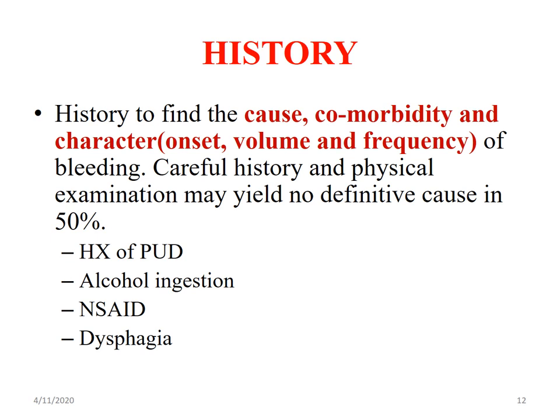The history, if concentrated on some points, sometimes gives us a clue for the cause of the upper GIT bleeding. For example, if the patient has a history of peptic ulcer disease, or is an alcoholic, or takes non-steroidal anti-inflammatory drugs, especially old patients with osteoarthritic changes or joint problems, or any history of dysphagia.